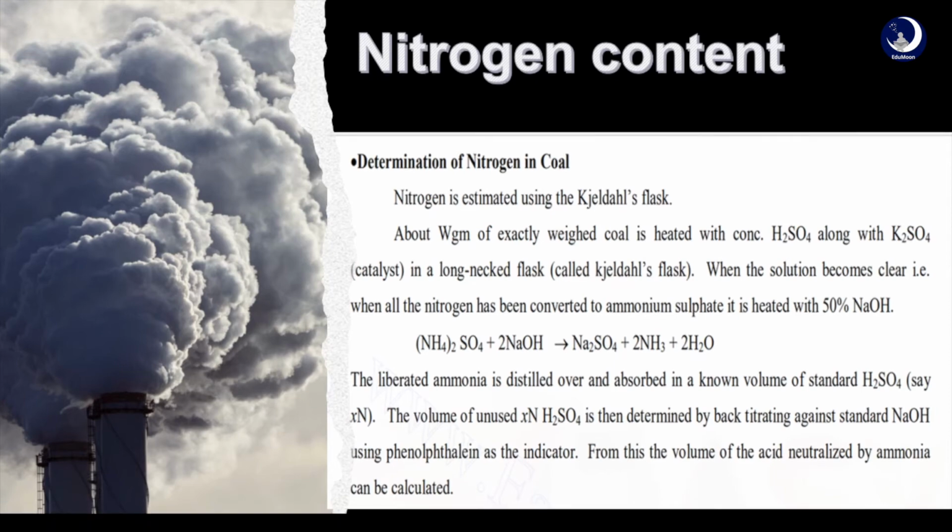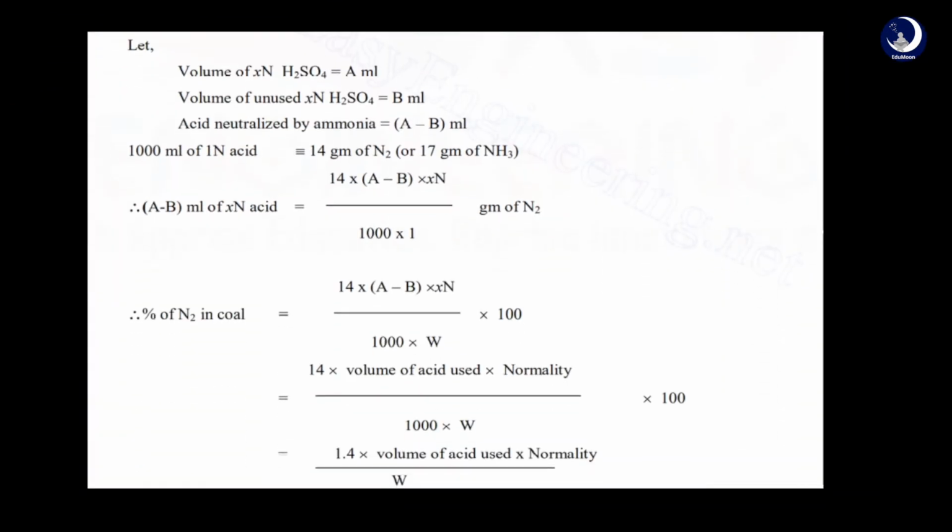We can see this in the form: let the volume of N H2SO4 be A ml and the volume of unused H2SO4 be B ml. Then the acid neutralized by ammonia equals A minus B ml.